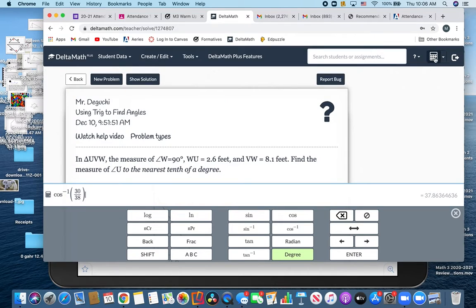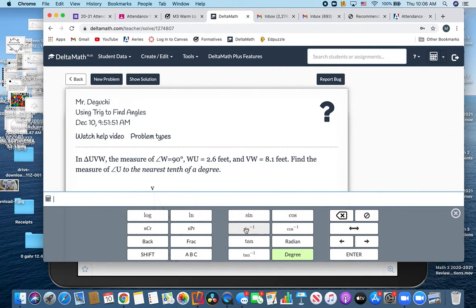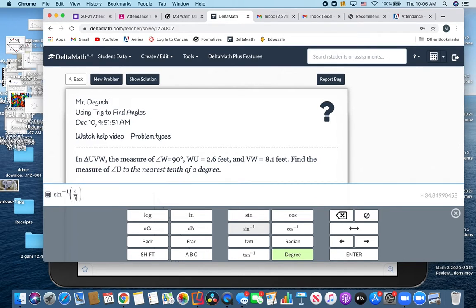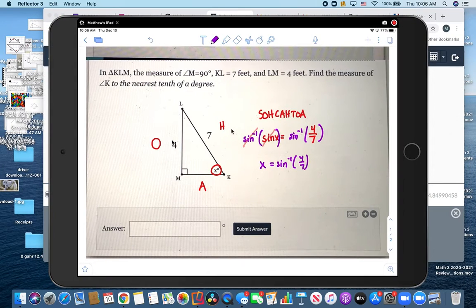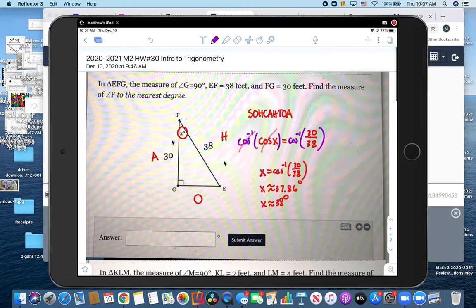So go to your calculator. Sine inverse of 4 divided by 7 is roughly 34.84. But round it to the nearest whole degree. Oh, I'm sorry, it's the nearest 1/10 of a degree. Oh, it changes.